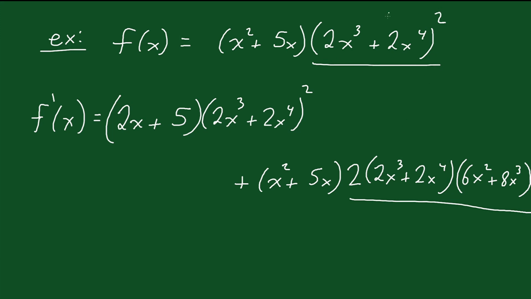Because that 2 comes to the front, that's what this is. It's a power rule. And then the second part here, this is your chain rule. It's the derivative of the inside of that function. So hopefully that made sense to you. Again, it's a lot to keep track of. That's okay. We just have to keep practicing.